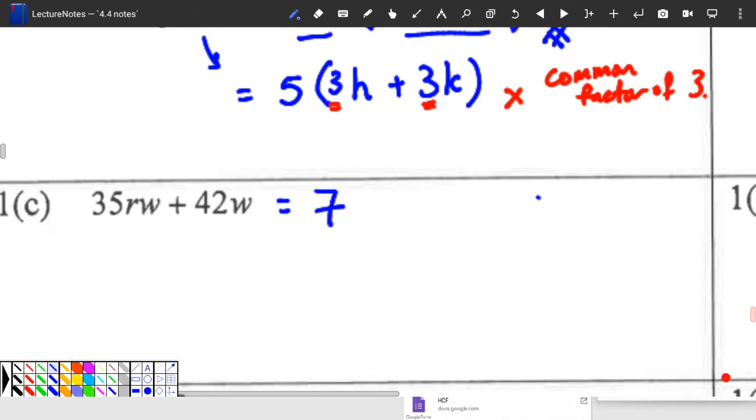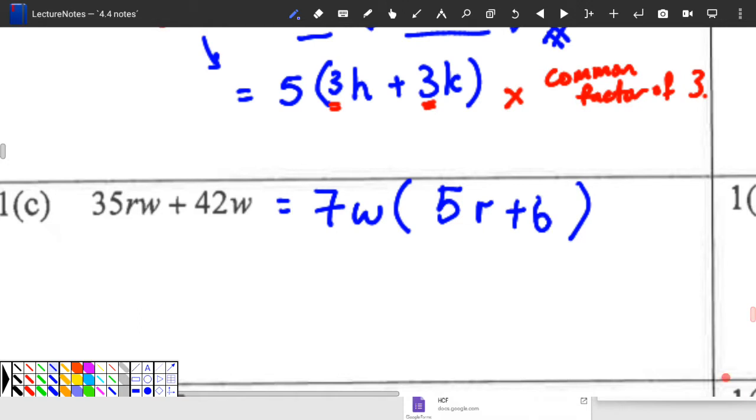Now listen. Other than the common number, we must also look at the alphabet. Is there a common alphabet? W. So I will take out the W. Now let's try. What is inside the bracket? First one, 5R. Plus or minus? Plus. Then 6.